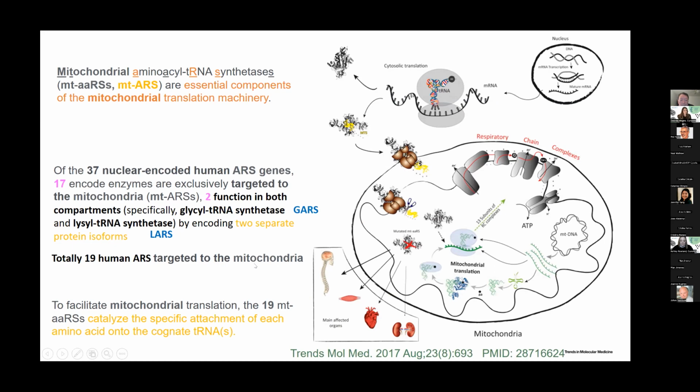To facilitate mitochondrial translation, the 19 mitochondrial ARS catalyze the specific attachment of each amino acid onto the cognate tRNAs. Now, tRNAs are very important, and there are very common mutations in mitochondrial tRNA genes.